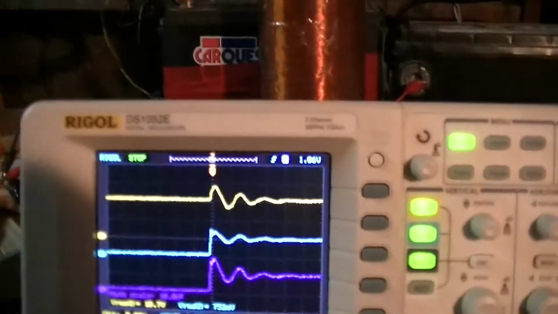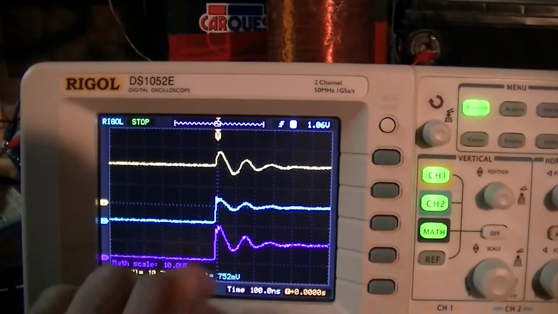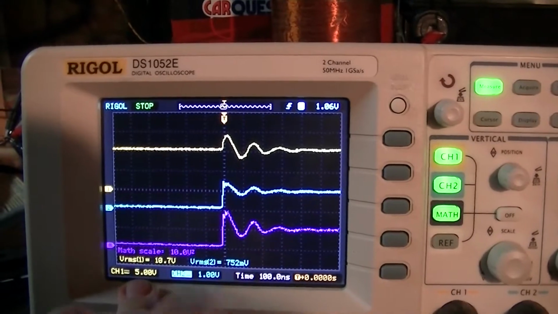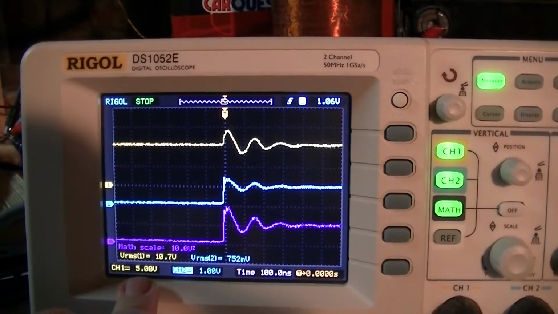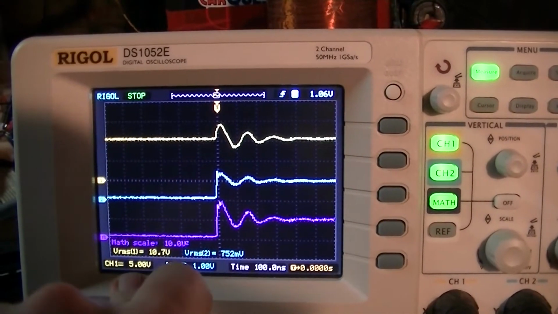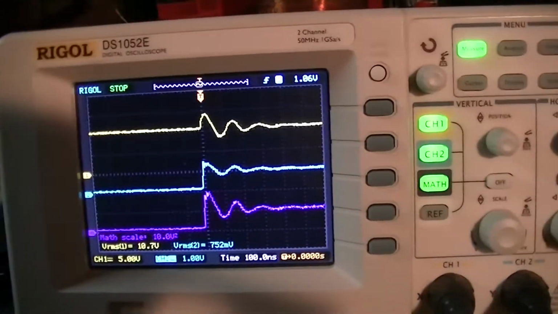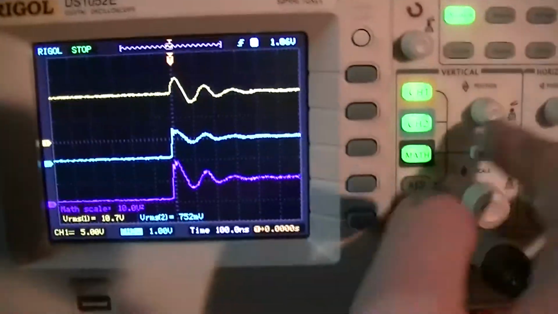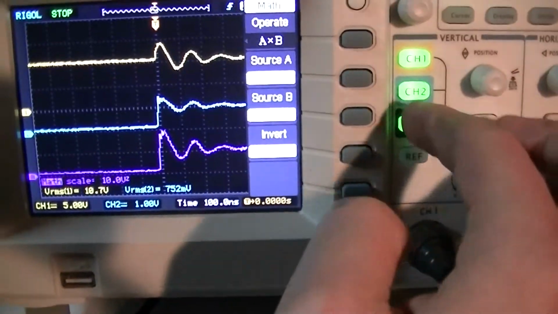And again, channel 2 is on 1 volt divisions. Channel 1's 5 volts. Our math is at 10 volt divisions. And we're multiplying channel 1 by channel 2. And yeah, we can also see what our drop is too by going like this, I believe.